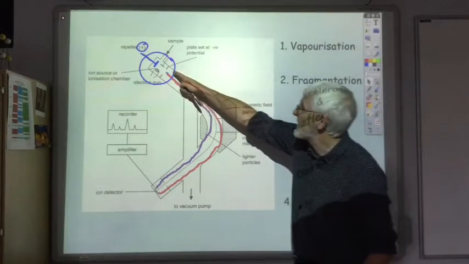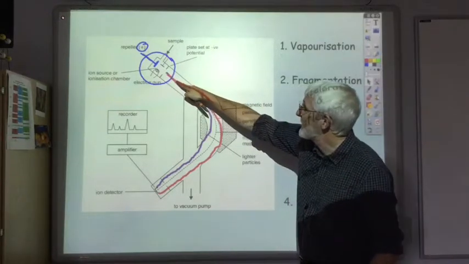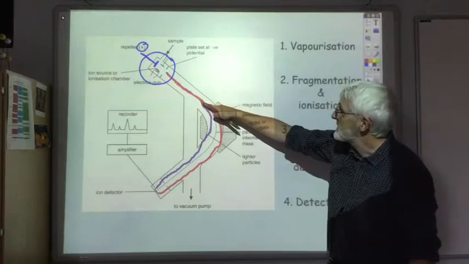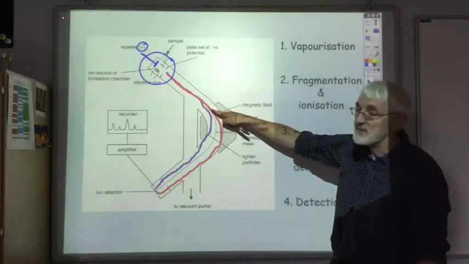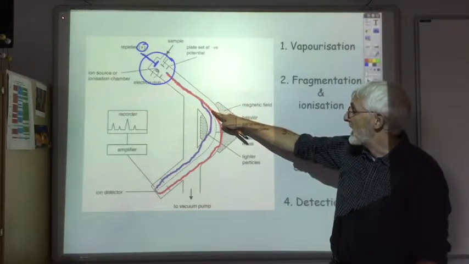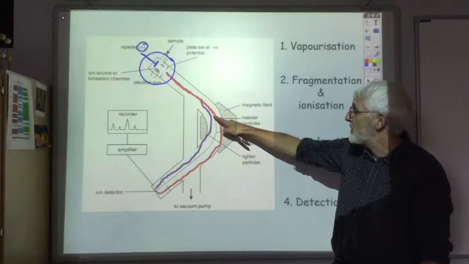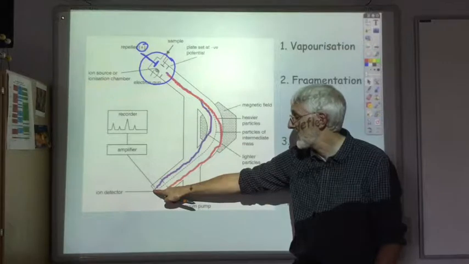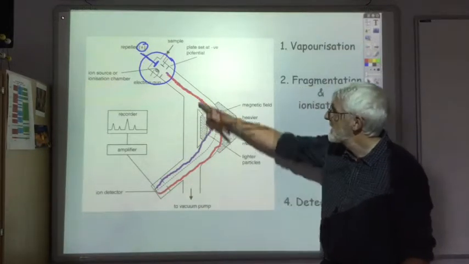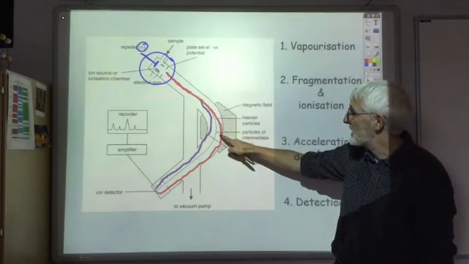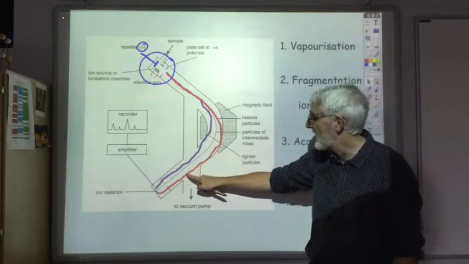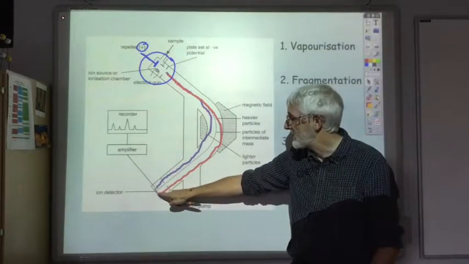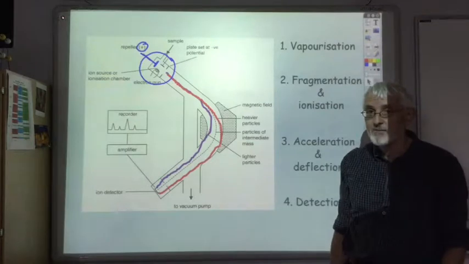The positively charged fragments then get repelled down this tube where they meet this magnetic field which deflects them. The light particles get deflected a lot and get detected at one end of the ion detector. The heavy fragments only get deflected a little and are detected at this end of the detector.